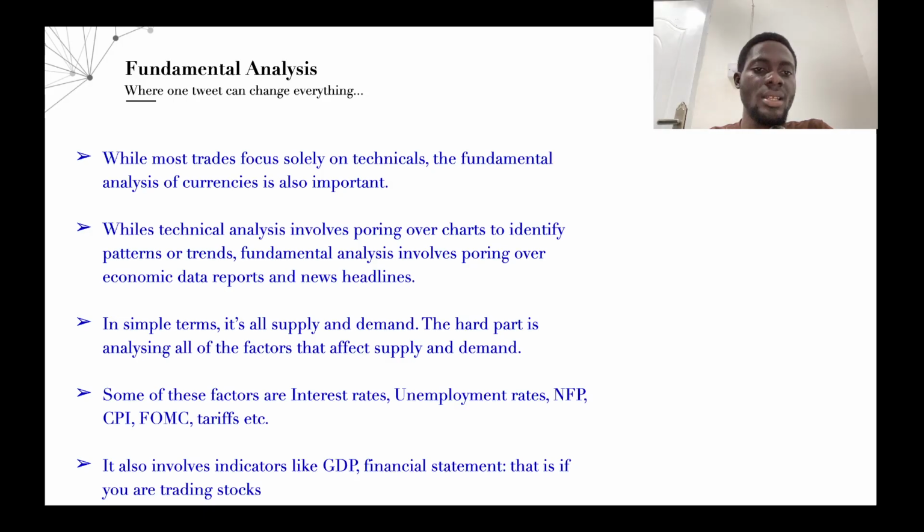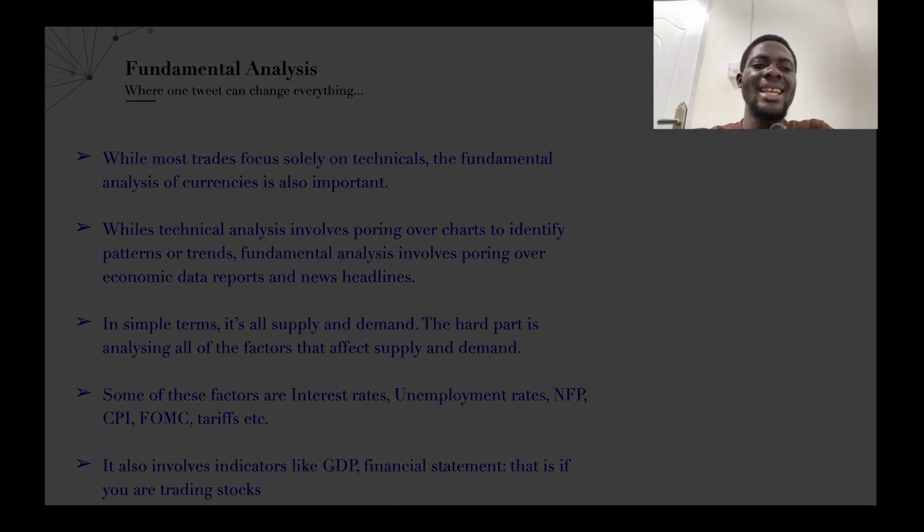Whilst technical analysis involves pondering over charts to identify patterns and trends, fundamental analysis involves pondering over economic data reports and news headlines.